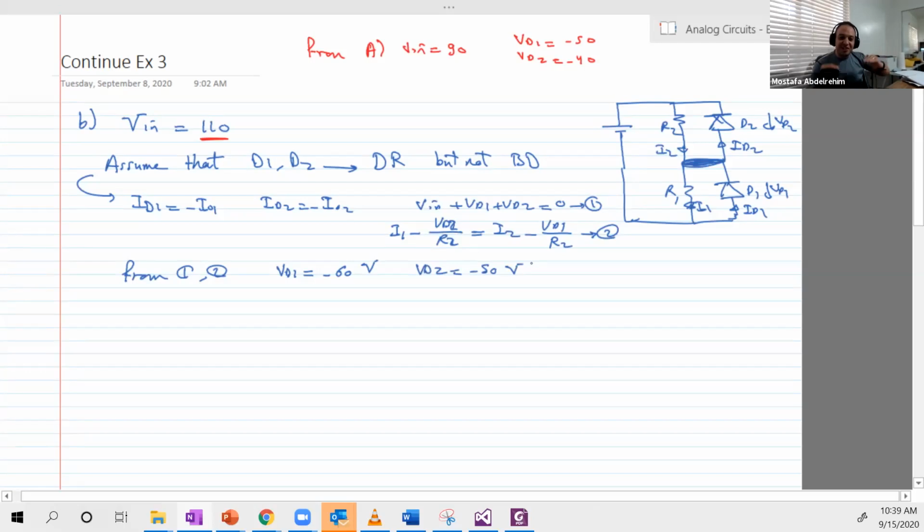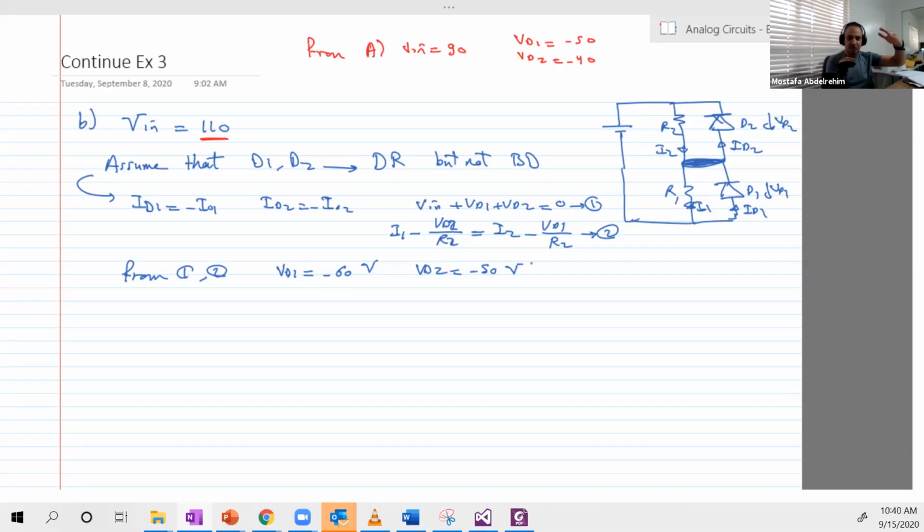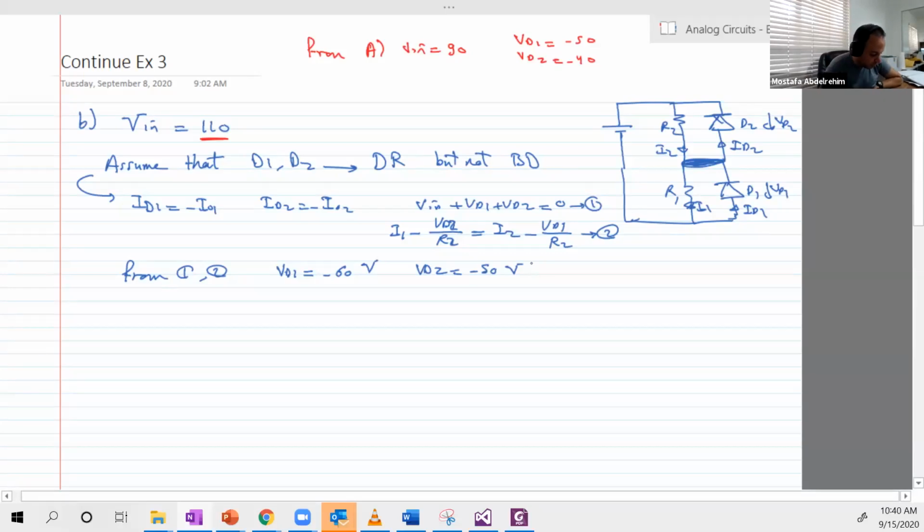Both of them have increased by 10 volts. So when we increase the voltage, the extra voltage is divided equally between the two diodes. Each one takes just 10 volts extra out of 20.